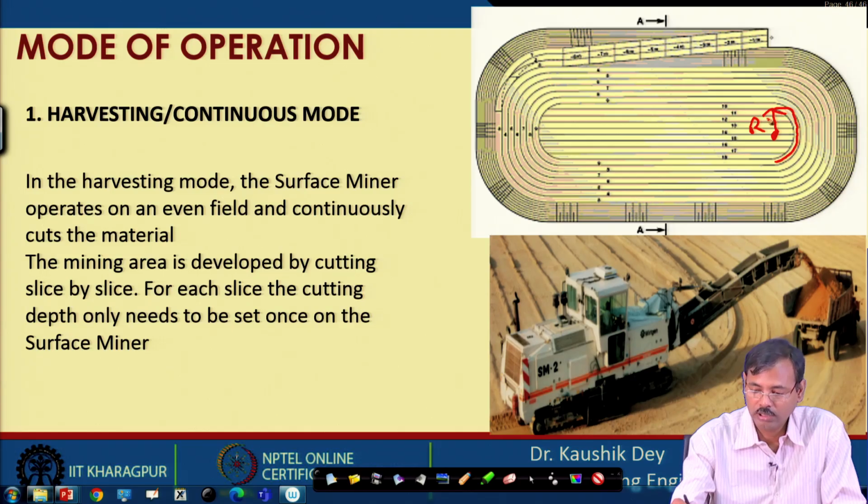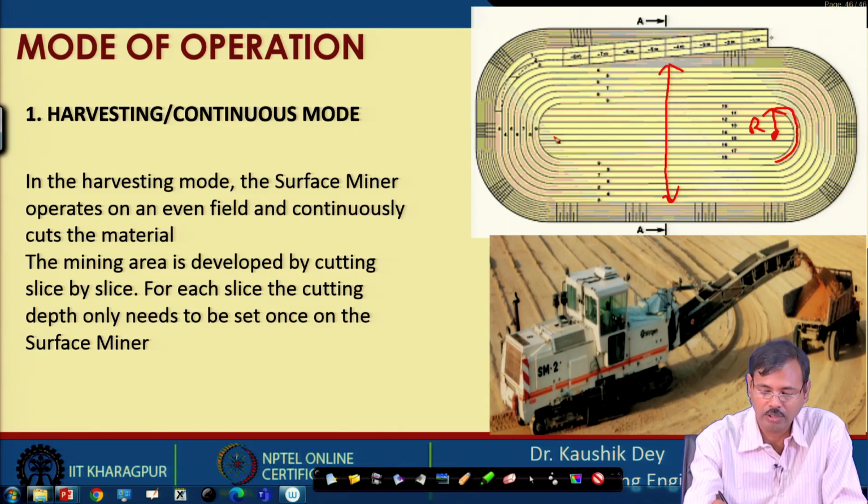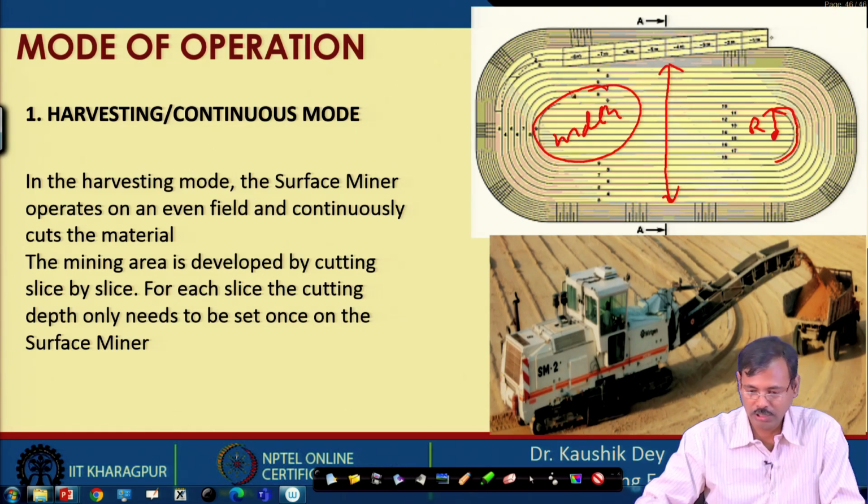So, this is a huge length. That means the continuous or harvesting mode of operation requires the width of the bench to be significantly high, and only then can the harvesting mode of operation be carried out.